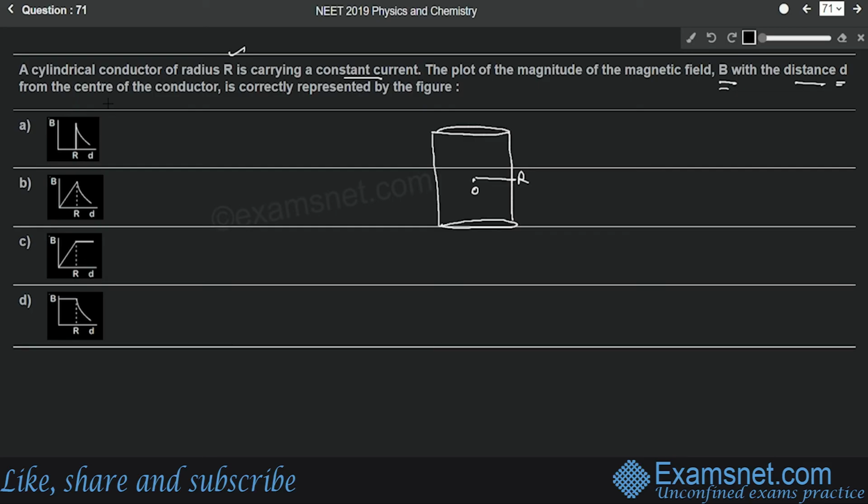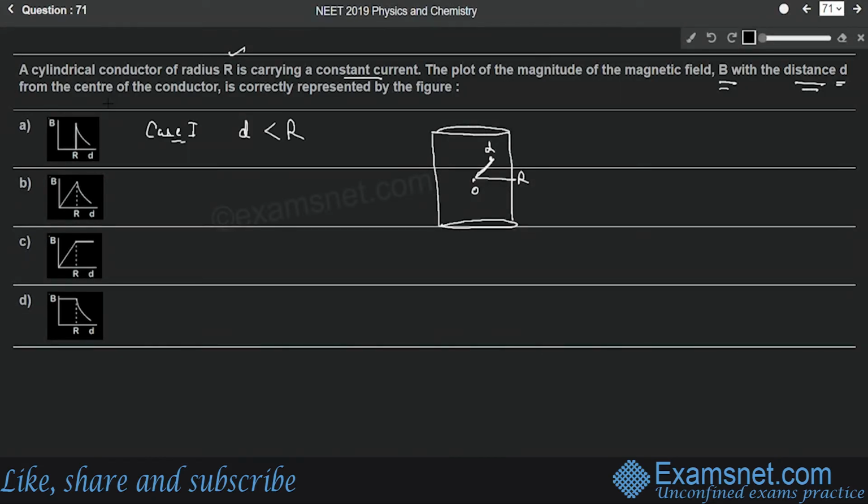This distance d from the center of the conductor can lie somewhere inside the cylinder. Okay, so this is condition 1. If this is the distance d, then this distance will be less than the radius, right? So in case 1, d will be less than the radius r.